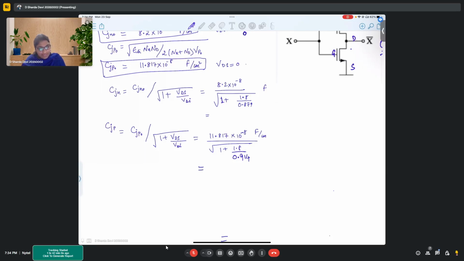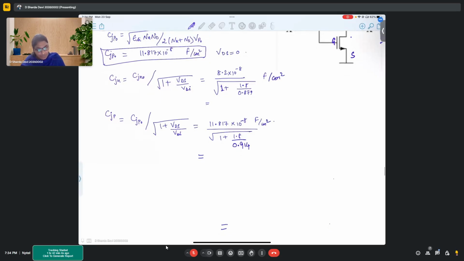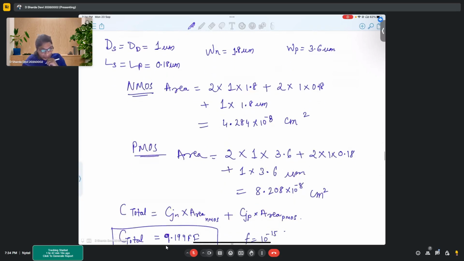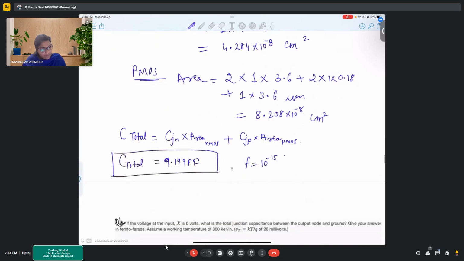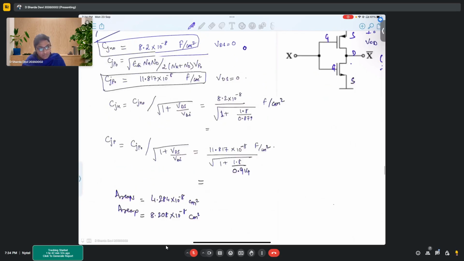So based on this, we'll get junction capacitance per unit area for both of them. We know area N and area P, which were 4.284 and 8.208 centimeter square.